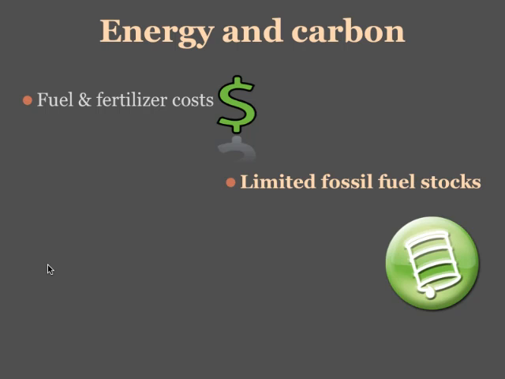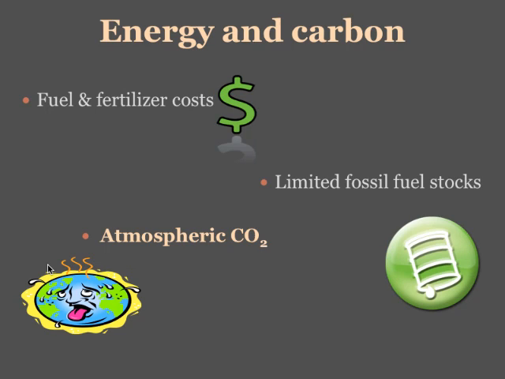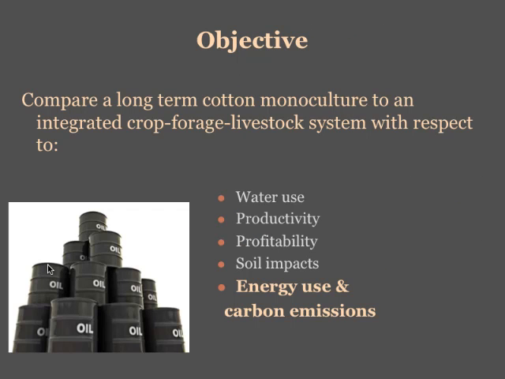We don't know when it will run out, but we know that there's a limited amount. And finally, we hear a lot these days in the news about carbon dioxide concentration and carbon emissions. For all of these reasons, I think it's important that we understand how we use fossil fuels and what kind of carbon emissions we have in agriculture.